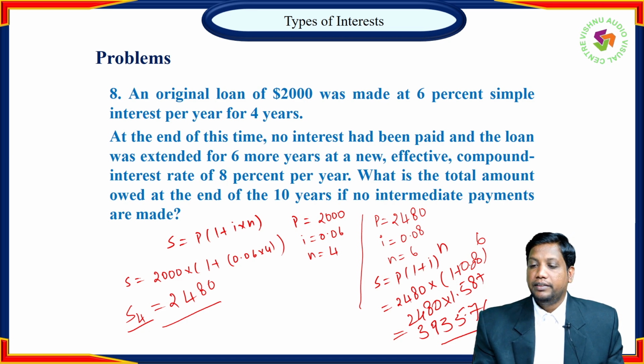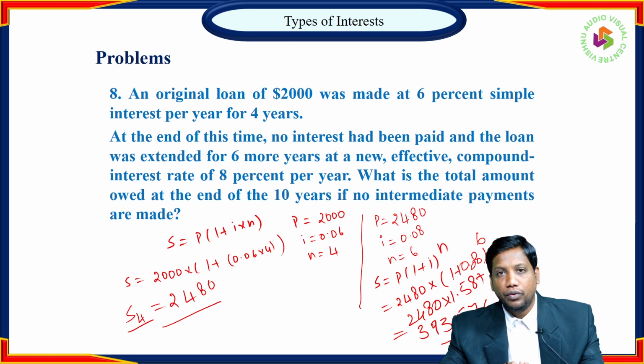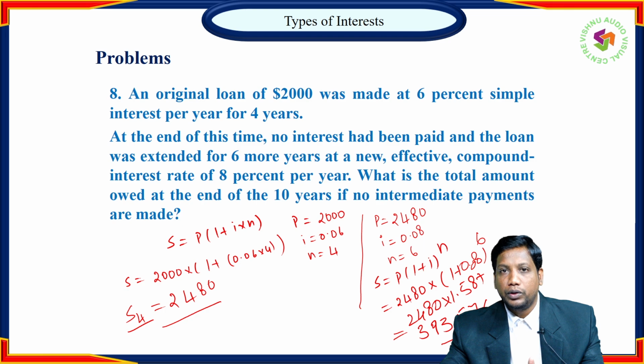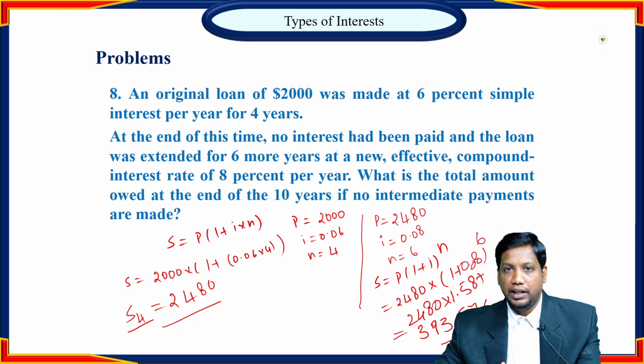In this case, for the first 4 years they calculated in terms of simple interest. So after 4 years, the total amount accumulated is 2480. That will become the principal for the next 6 years.